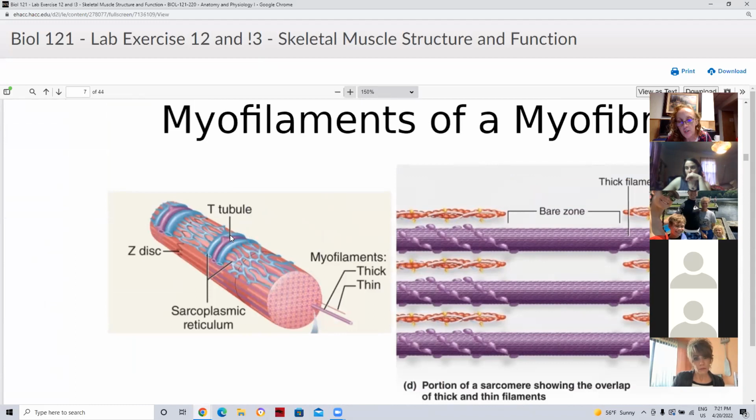This T-tubule is an indentation that moves into the muscle fiber. So it's an indentation of the sarcolemma, the plasma membrane, that moves into the muscle fiber.